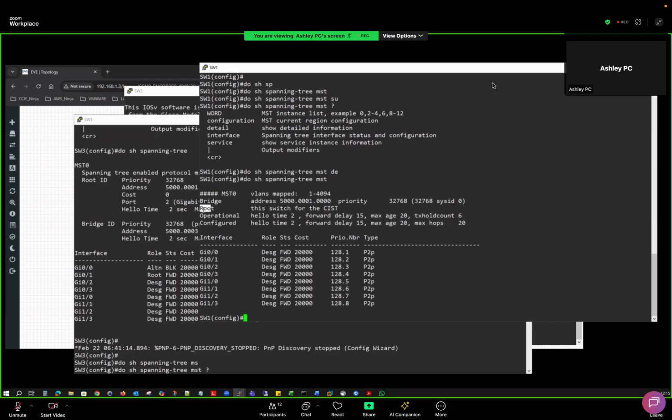This one is the root bridge, so it will show there, on the root bridge for MST0. That is going to run as a CIST. So we come to know that MST0 is the protocol running, called internal spanning tree protocol, which provides interoperability between MST and VLAN spanning tree protocol.